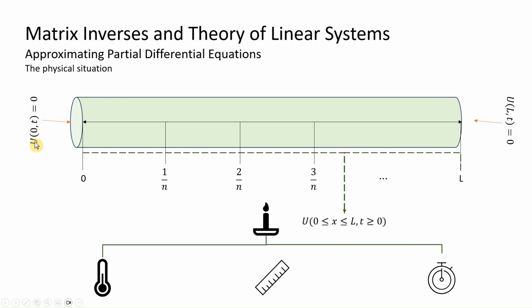We'll note here the boundary conditions at the endpoints, when x is equal to 0 and when x is equal to L: we're going to hold these temperatures at 0. So the temperature on the boundaries of the rod will be 0, and that's where the heat will actually be leaving through in our model. We're going to assume that the rod itself is insulated so that no heat is flowing into or out of it, and so the only way that heat can move is through the endpoints.